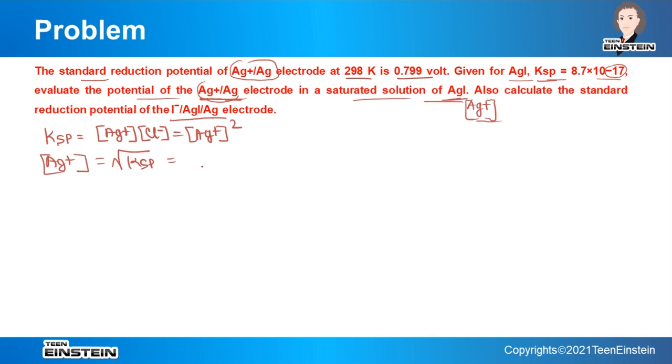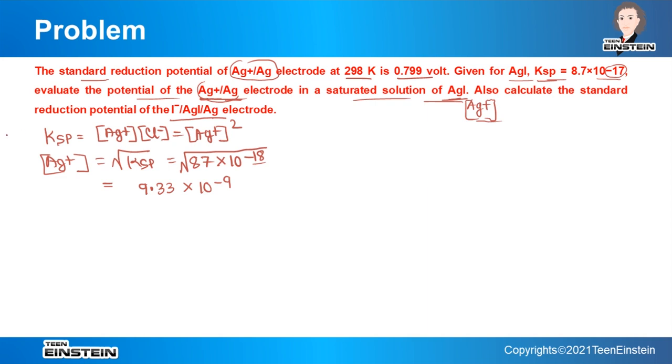Now Ksp is 8.7 × 10^-17, but I will write it as 87 × 10^-18, because if it is an even power, the root calculation will be easier. So root 87 is 9.33, times 10^-9. So now we know the value of Ag+.